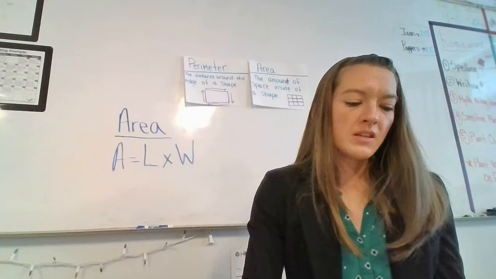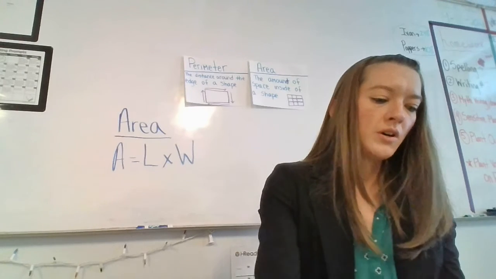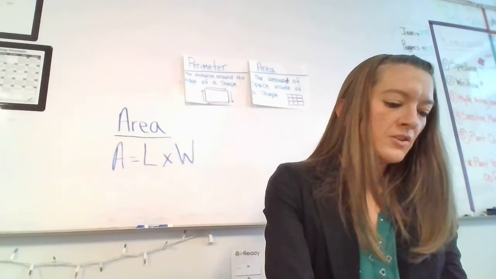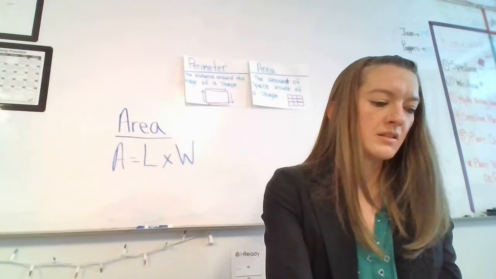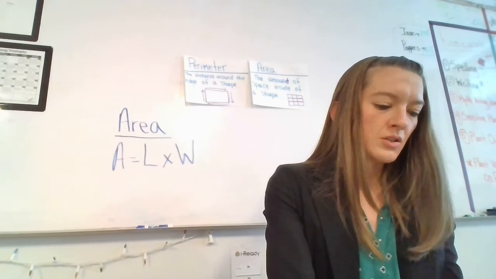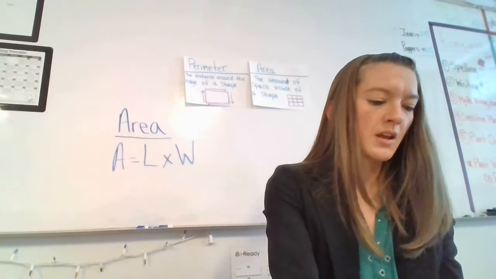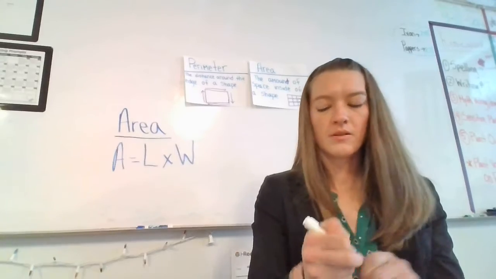So if I have this rectangle, and let's say this is 9 inches, and we'll say this side is 2 inches. Let me scribble that out. We're going to flip-flop those. 2 inches, okay?